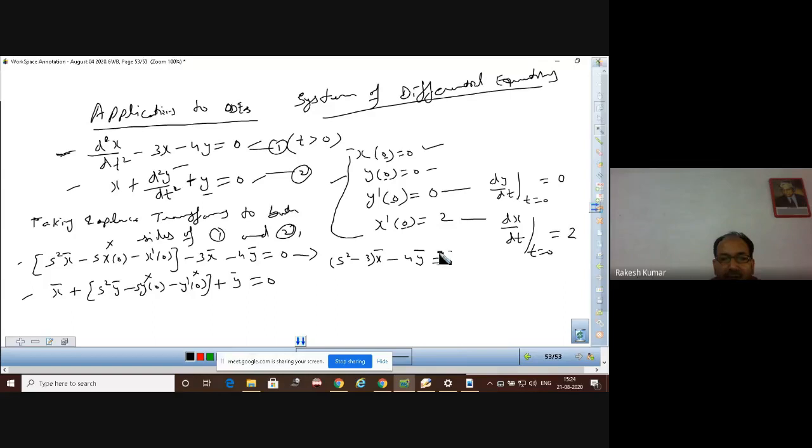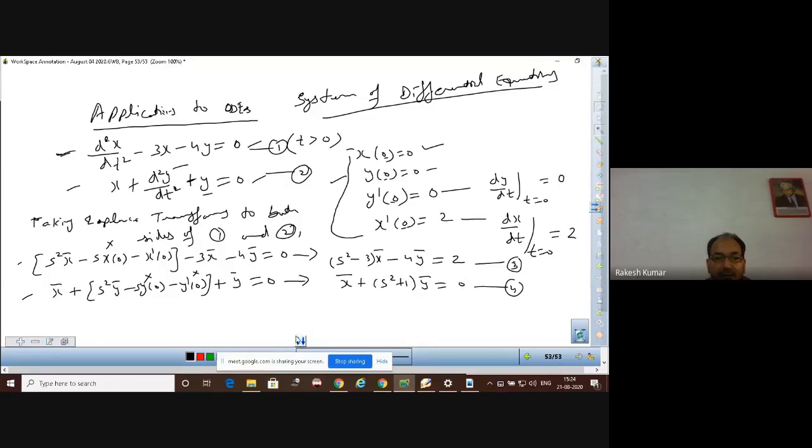What is the x dash 0? 2. It will be taken to the right hand side, and similarly from this equation, x bar is there plus s square plus 1 into y bar is equal to 0. So this is equation number 3, and this is equation number 4.